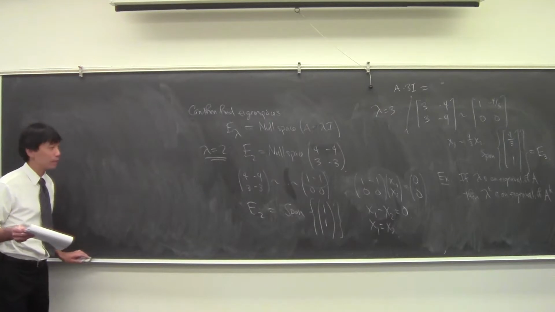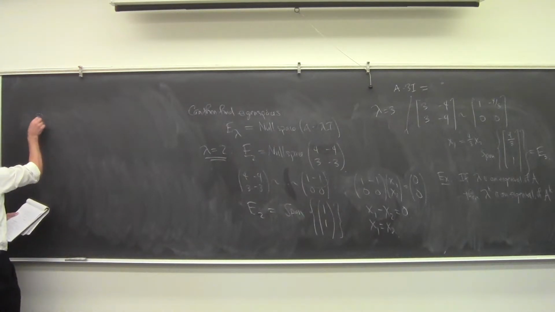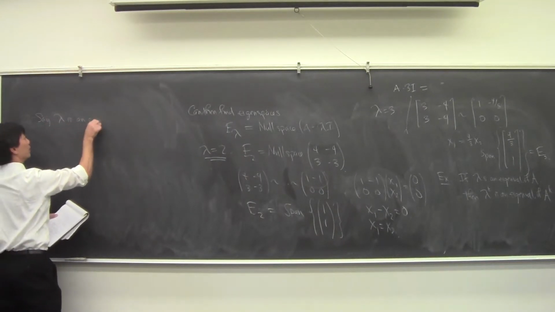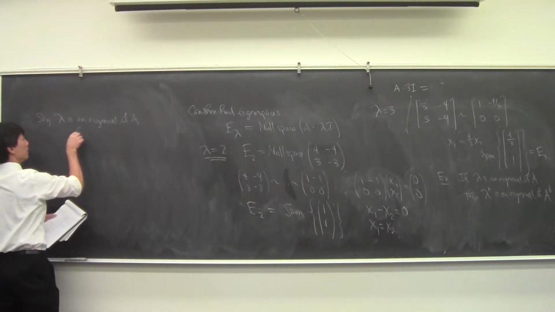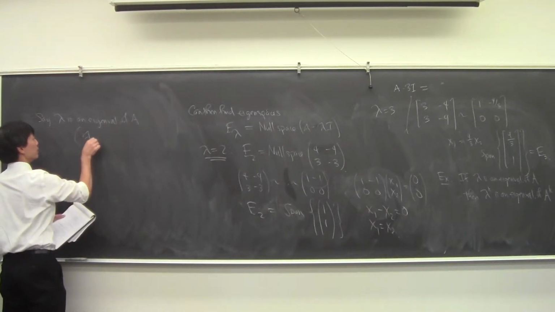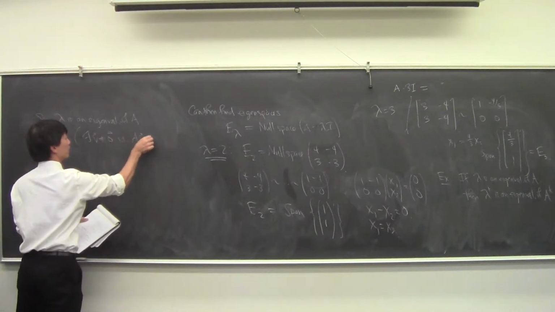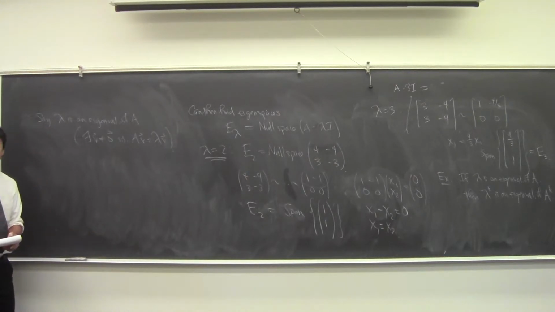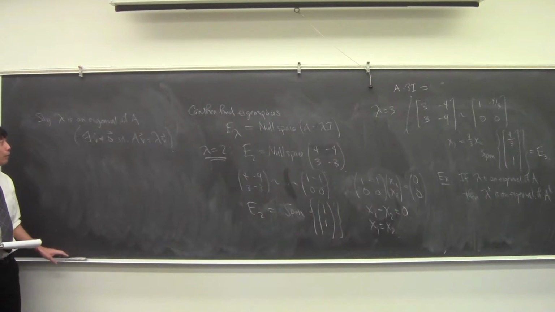Okay, would somebody like to talk about it? So let's say that lambda is an eigenvalue of A. In other words, there exists a non-zero vector v such that Av equals lambda v. So we want to show that lambda to the k is an eigenvalue of A to the k.